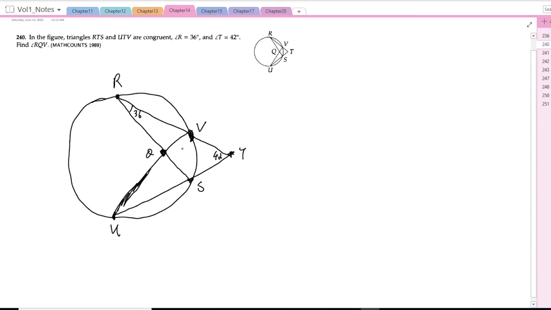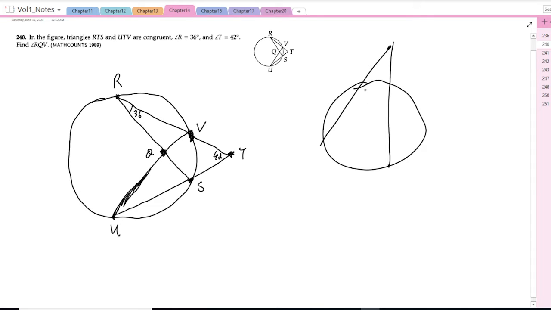So if we want to know the RQV, there are two things you need to know. The first is, if I have A, B, C, D, E, I have two secants, right?